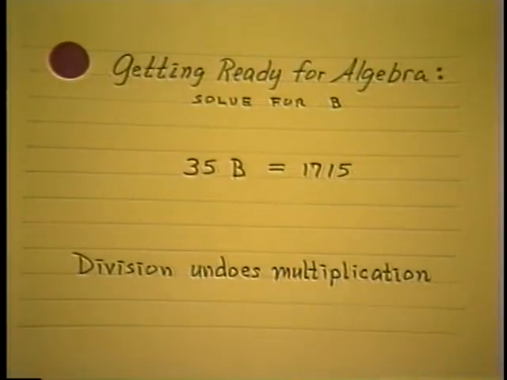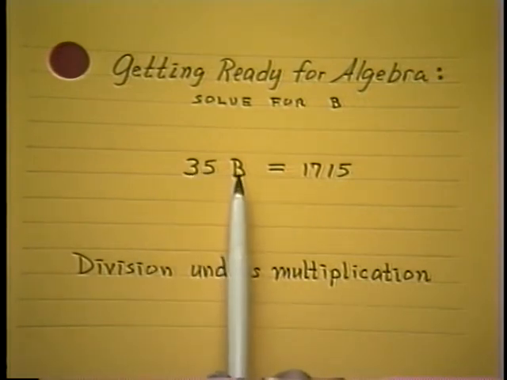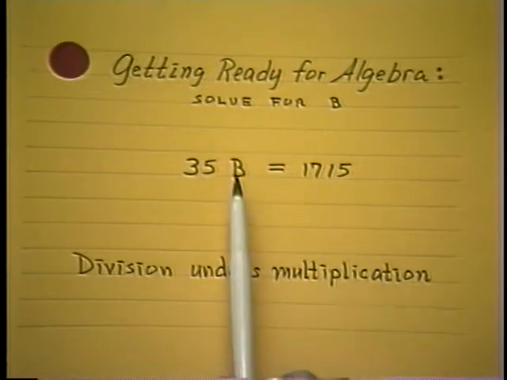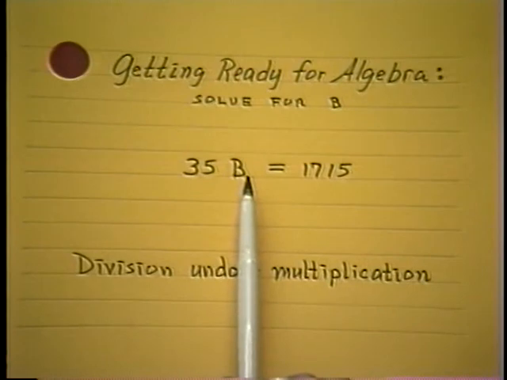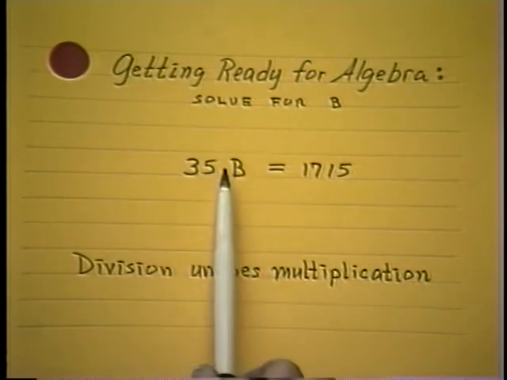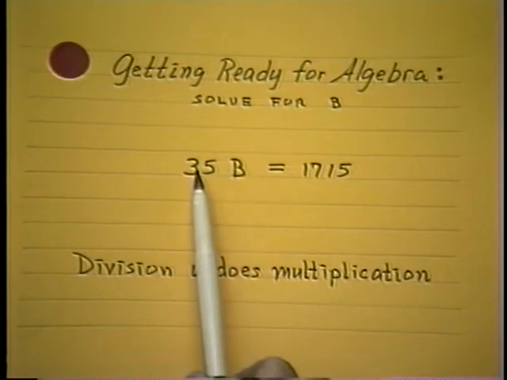Now let's see what division offers us by way of getting ready for algebra. Here we have an equation that reads 35 times some number is 1715. What was that number? The fact we need to recall here is that I'm increasing this by a factor of 35.